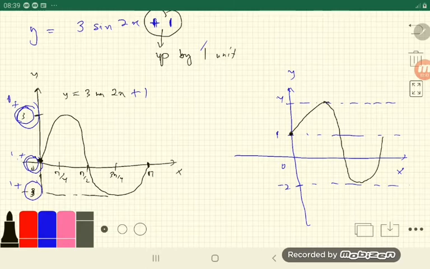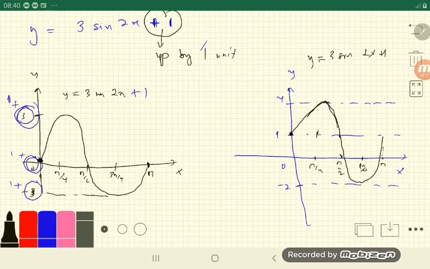So basically we are going to get the same sketch, and the value here is supposed to be the same thing, pi over 4. The value here is supposed to be pi over 2, and the value here is supposed to be 3 pi over 4, and the last value here is supposed to be pi. So then we can complete the graph of y equals 3 sine 2x plus 1.